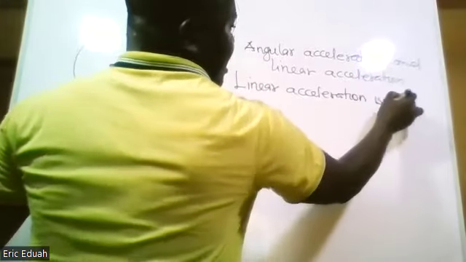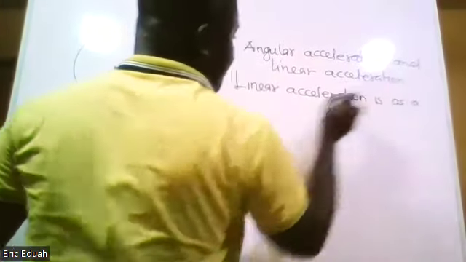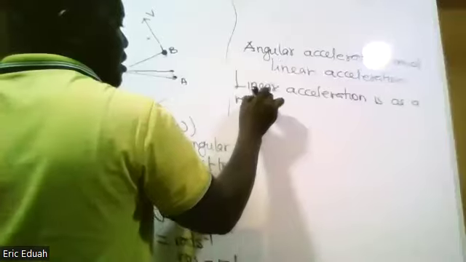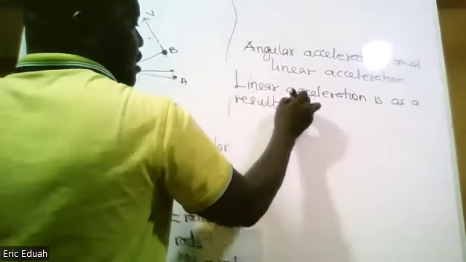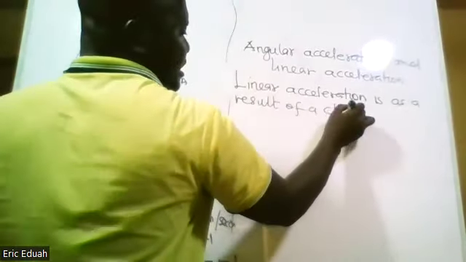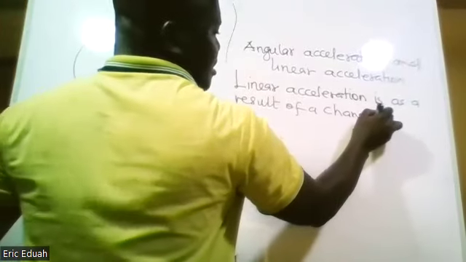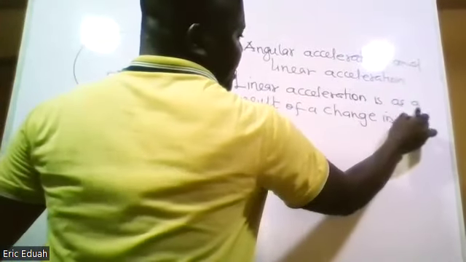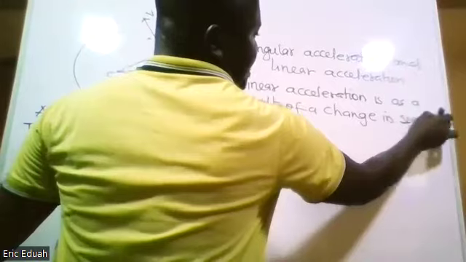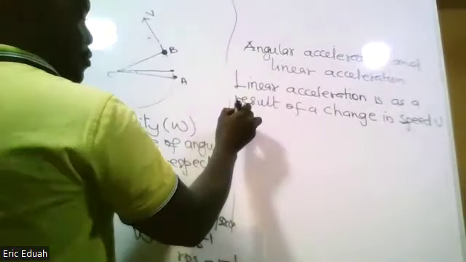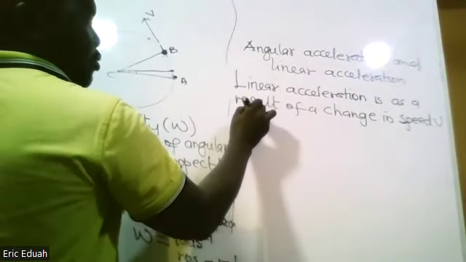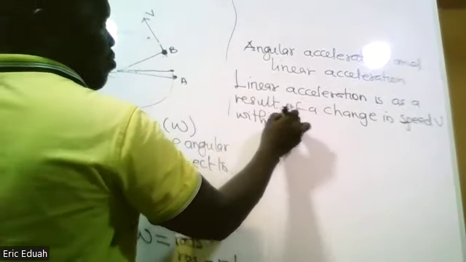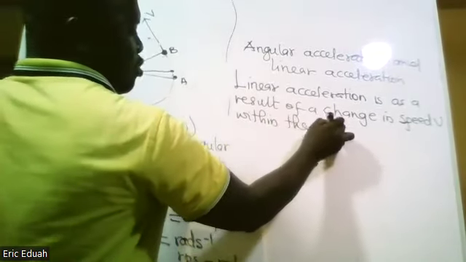So the linear acceleration is as a result of a change in speed v within the circumference.